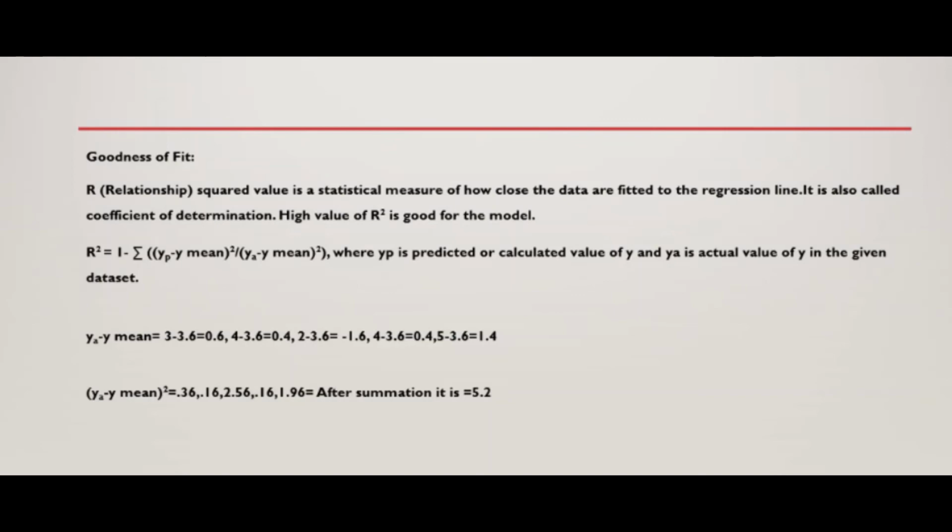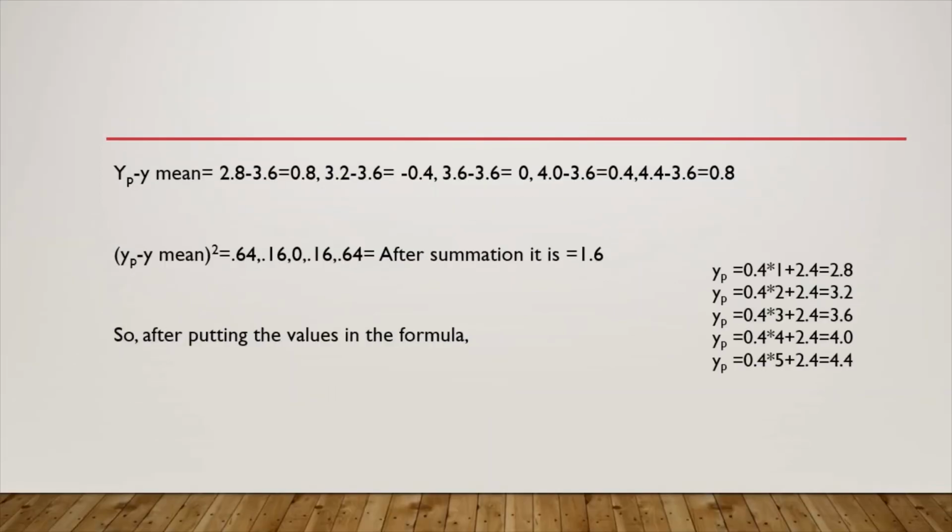In a similar manner, we will calculate y predicted minus y mean. Y predicted for the first occurrence is 2.8 minus y mean, which is 3.6. So y mean is constant at 3.6, and we are taking y predicted for each occurrence. By doing this, we get a summation of 0.8, and when we square this, 0.8 squared is 0.64.